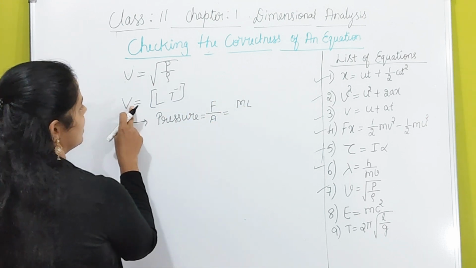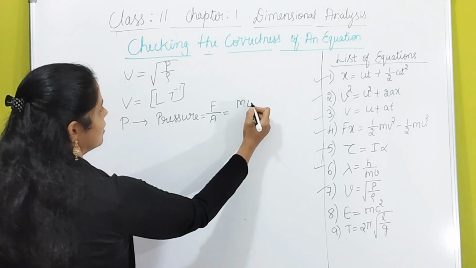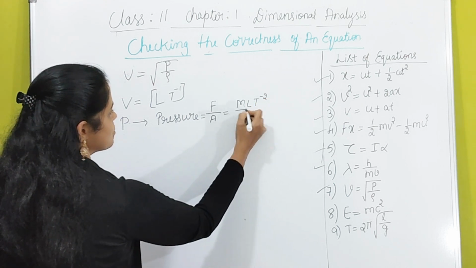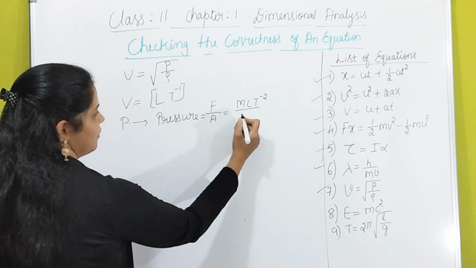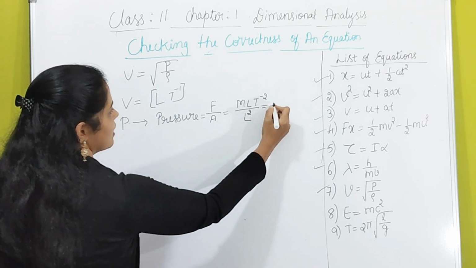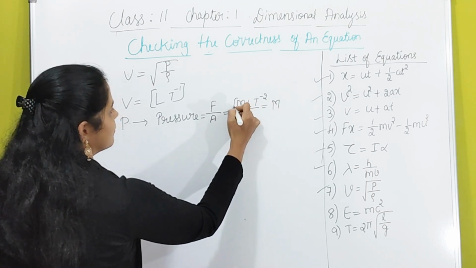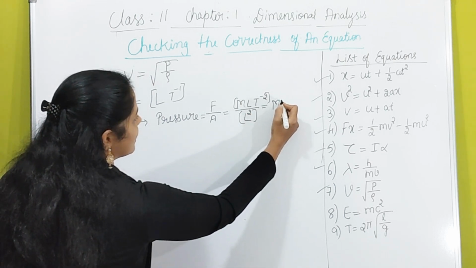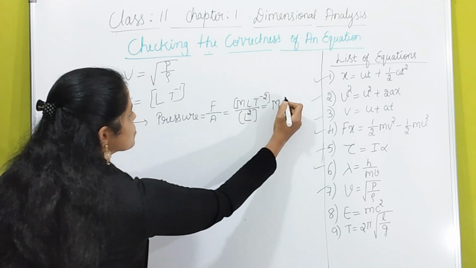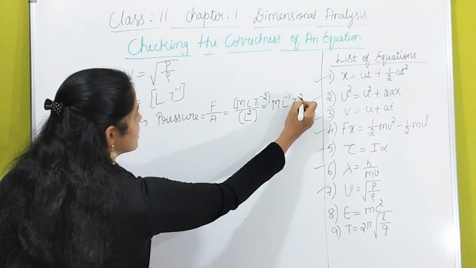If you know, then directly write the dimensional formula. So it is MLT minus 2 divided by area, which is length into breadth, that is L into L, L square. So together we can write M, L to the power 1 minus 2 is minus 1, T minus 2.